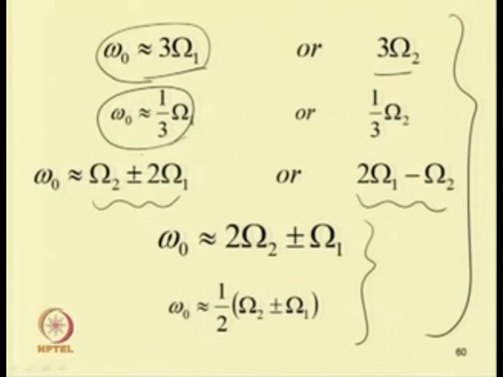By taking a different resonance condition, first we have to write the reduced equation, then in this reduced equation we substitute the time varying term equal to 0 to get the steady state solution, and from the steady state solution we find the frequency amplitude relation equation. From that we can obtain either a closed form solution, or in case of a multi degree of freedom system we can get a set of equations.